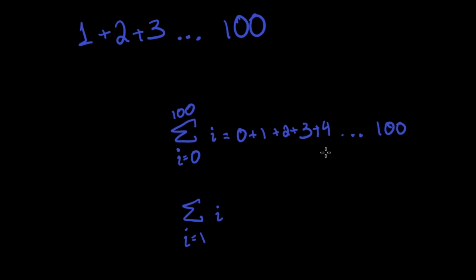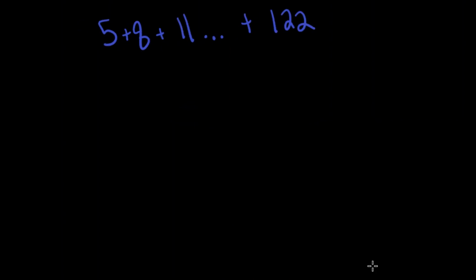In this case, we would still go up to 100, because now we're just starting from one, and then increment to two, increment to three, and then we keep incrementing till we get to 100.